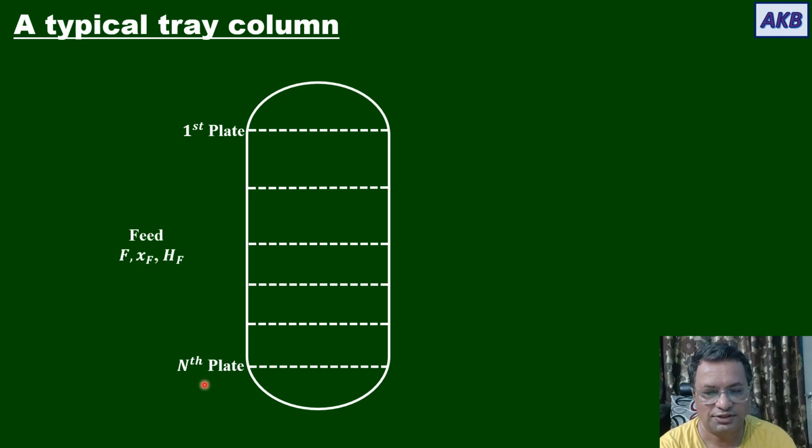Then feed is entering on one of the trays located near the center of the column. The plate on which feed enters is the feed plate. The remaining trays I am numbering in this way: this is nth plate, this is mth plate, and this is m plus 1 plate.